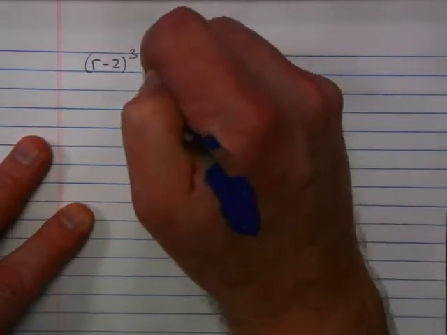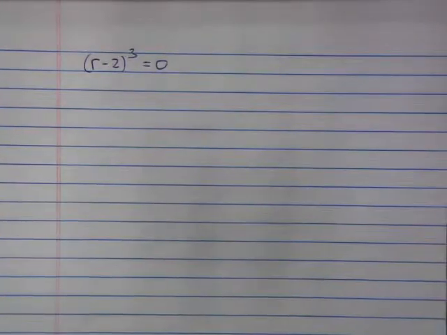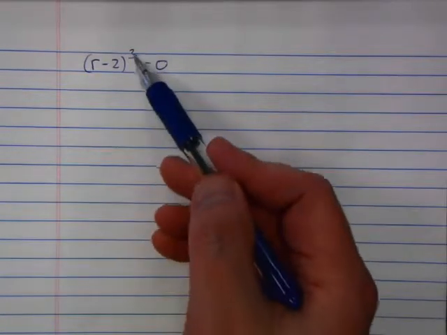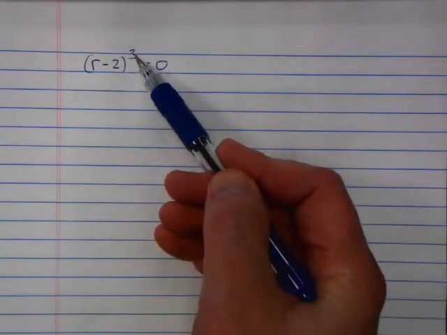So what do you think you would do if your characteristic polynomial turned out to factor as r minus 2 whole thing cubed? Well, first off, if it factors as something cubed, what kind of equation did that come from in the first place?